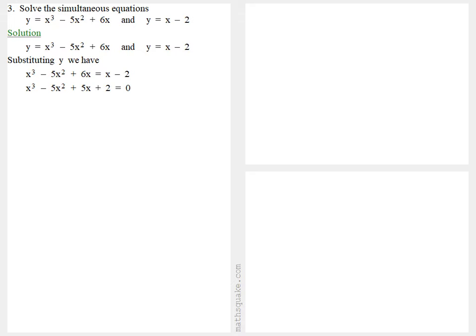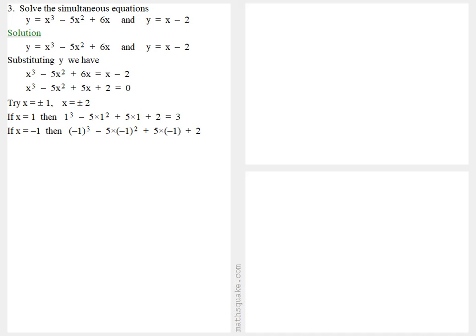Now, it ends in plus 2, so let's try x is plus or minus 1 or x is plus or minus 2. If x is 1, we have 1 cubed minus 5 times 1 squared plus 5 times 1 plus 2, and that works out to be 3.